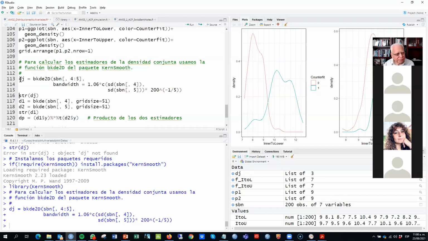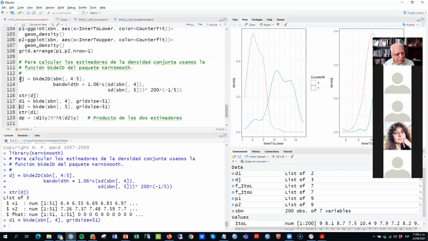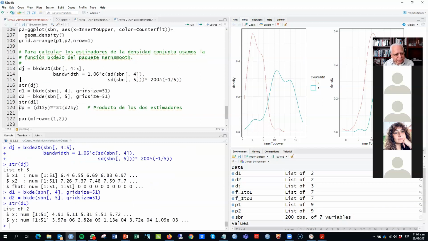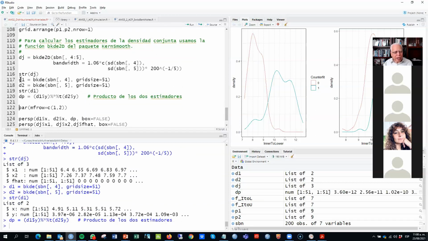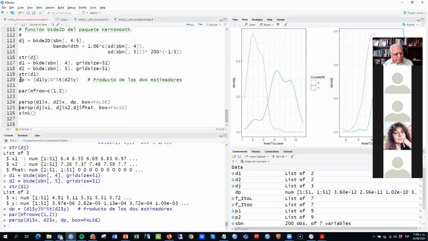Oh, it worked. And I'm going to display both graphs that you saw in the presentation, where I have the joint density and the product of the marginals. See?